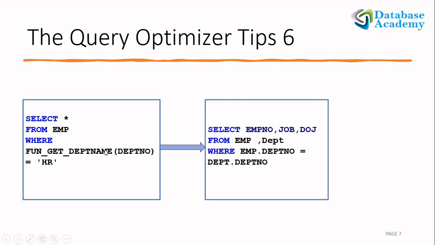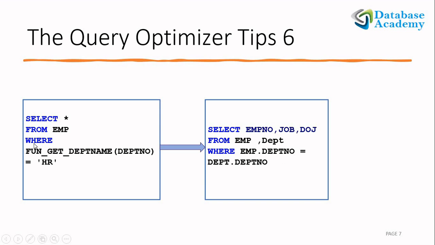This select statement is using a function. Always remember that if we use a function in our where condition, it will degrade the performance of our select statement. So we should always try to avoid using any function in a where condition. How can we improve the performance of the select statement?